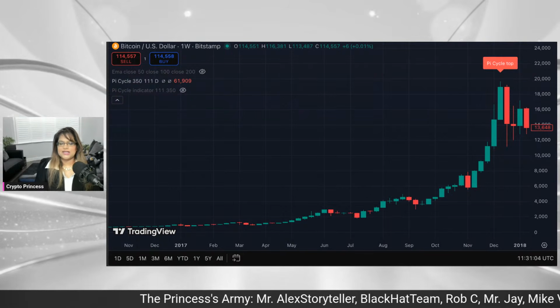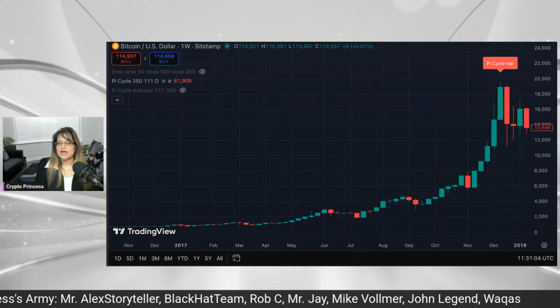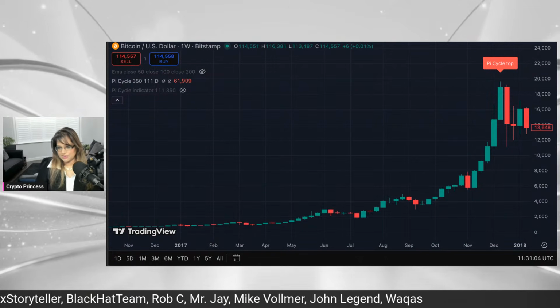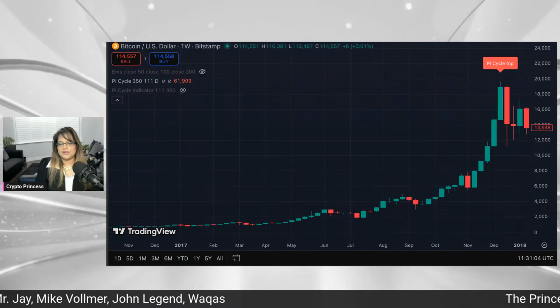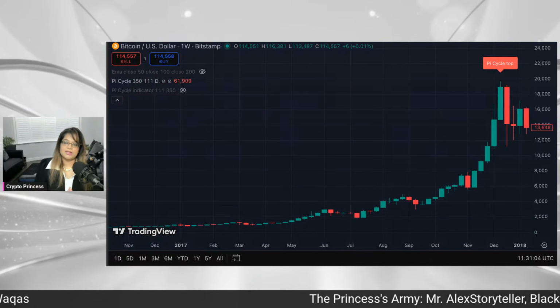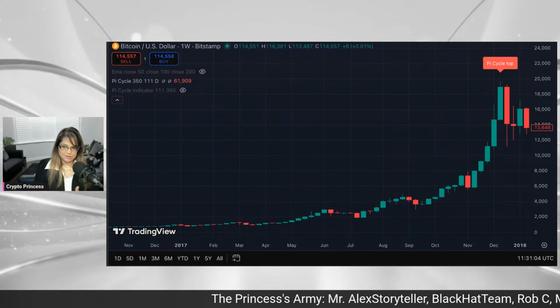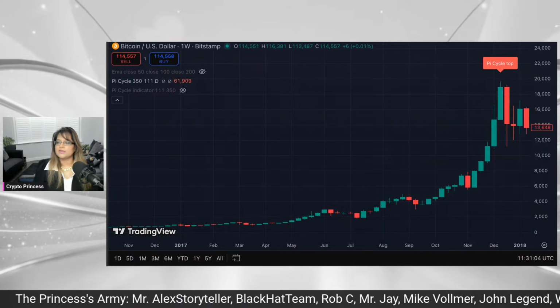They tried to do an ETF and it didn't go through. I think that caused this dip here. But look how beautiful this chart is, and then it just zooms up. So we'll be learning all about what happened in the 2017 bull run, and how the Pi cycle top was reached, if that makes sense.